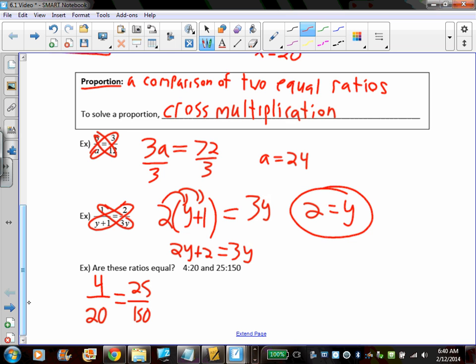If we cross multiply these, and the answers that we get on both sides of the equals are the same, then these ratios are equal. So we have to do 4 times 150, which is 600, equals 20 times 25, which is 500. And clearly these two numbers here are not equal. So that means that these are not equal ratios.